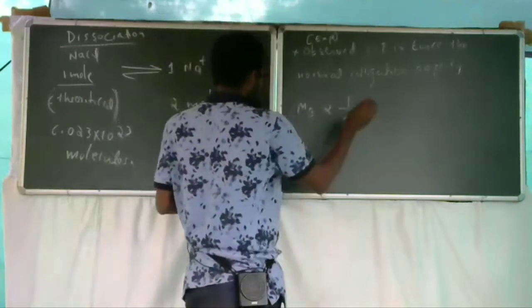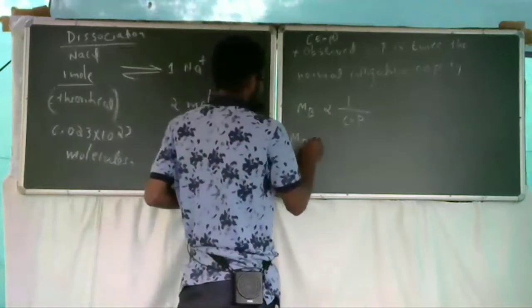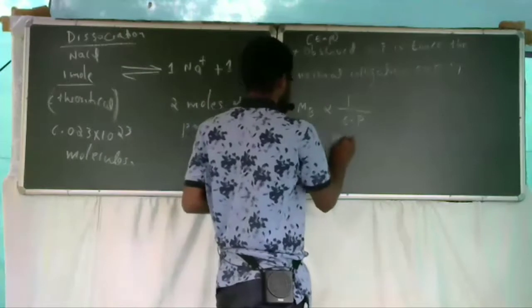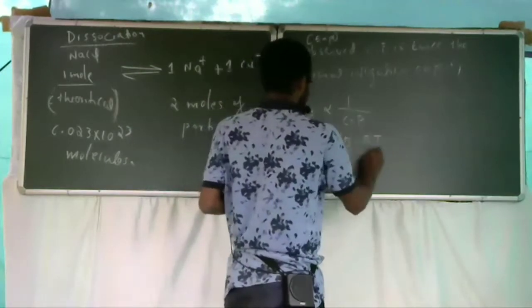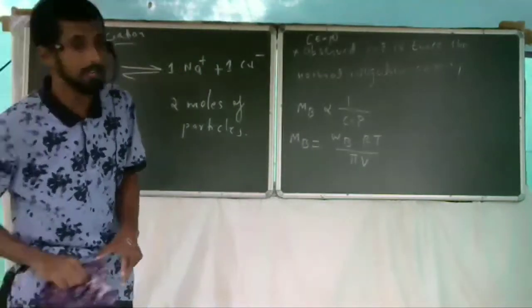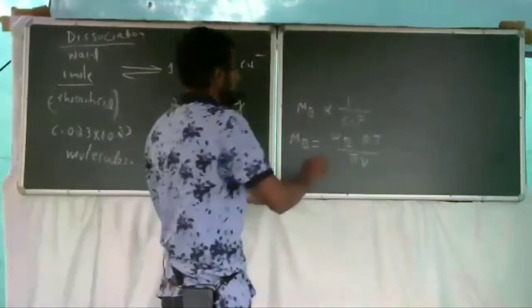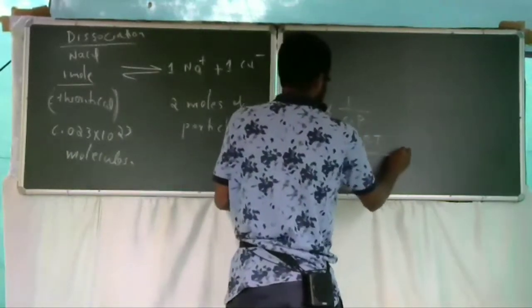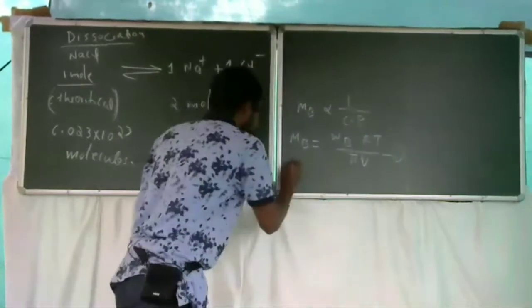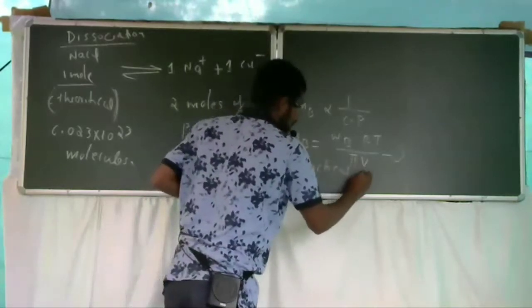Now take the example of osmotic pressure: Mb equals WBRT divided by pi V. Equation number 1 is nothing but the theoretical molecular mass.